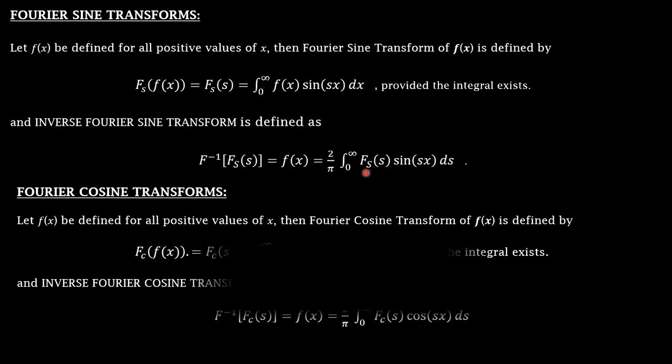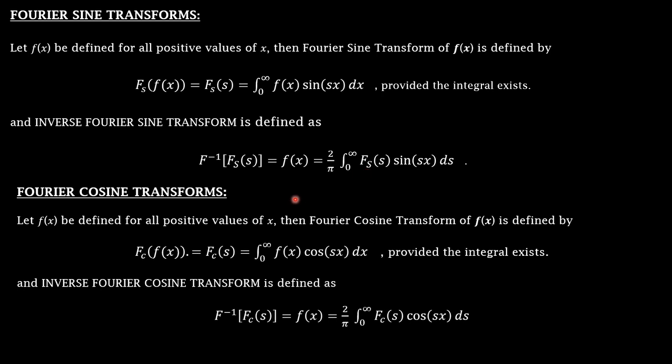In the same way, I can define the Fourier cosine transform of a function f of x just by replacing sine with cos, so that the Fourier cosine transform of the function is equal to integration f of x into cos sx dx, where the limits of x are varying from 0 to infinity, and the subscript c over here indicates the Fourier cosine transform acting on the function f of x.